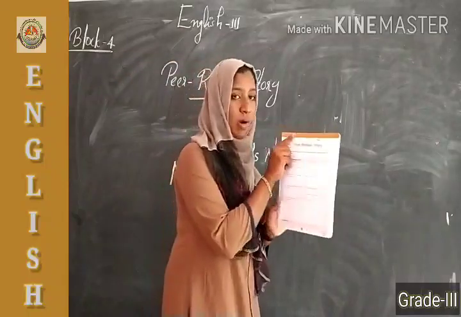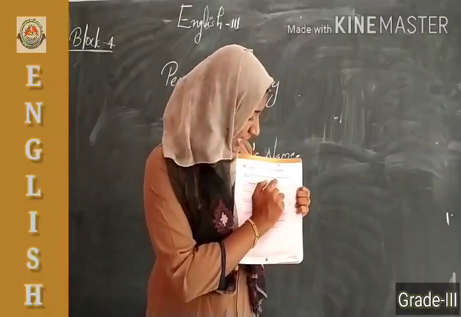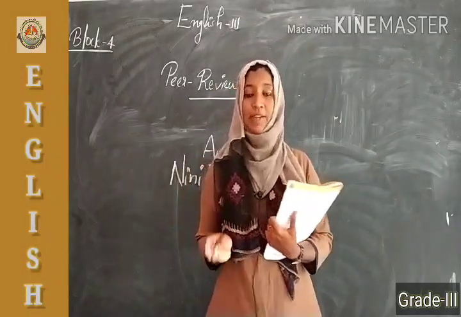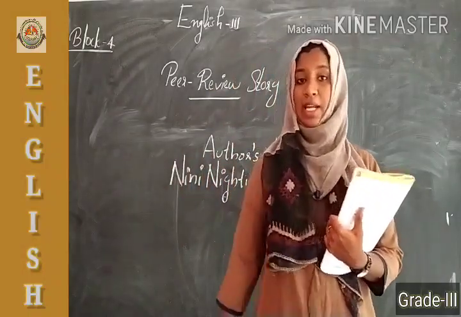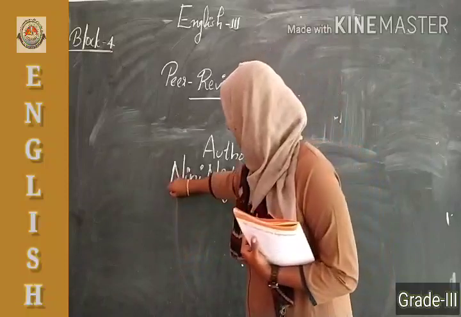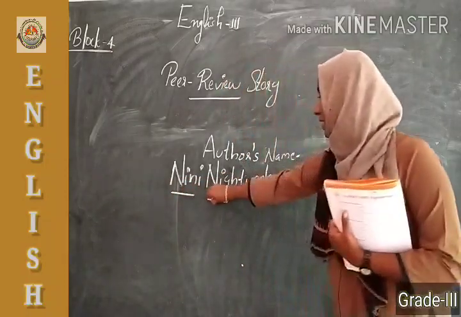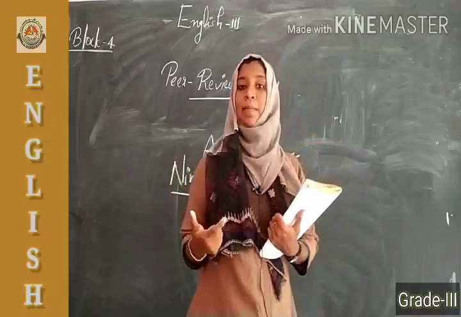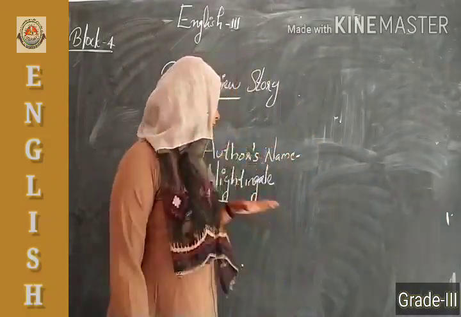Here the question you already saw: underline the subject and circle the predicate. Now you are very familiar with subject and predicate. Here Nini is the subject and the predicate is Nightingale, isn't it? The predicate means the telling part which tells more about the subject.